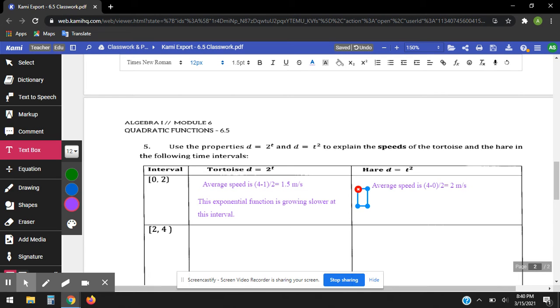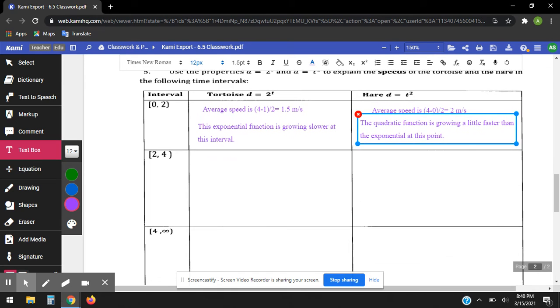And here, the quadratic function, since it's to the second power, is growing a little faster than the exponential at this point. So just from that little interval, it's growing faster.